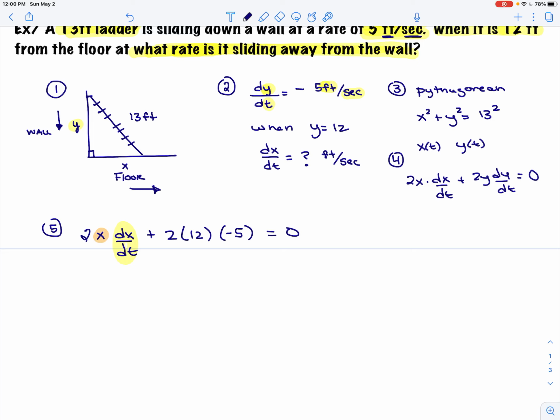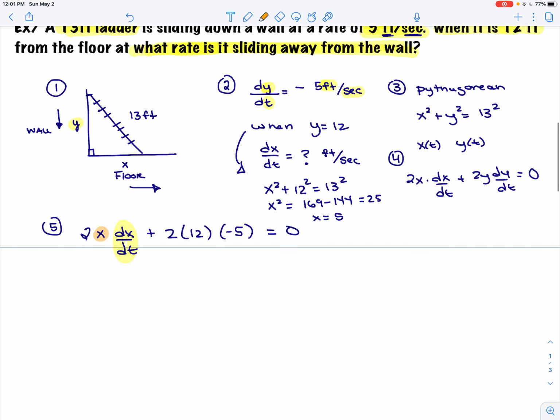Okay, and I really do have that here because if I'm using Pythagorean, when y is 12, I should be able to find 169 minus 144 is 25. So x is 5. Okay?